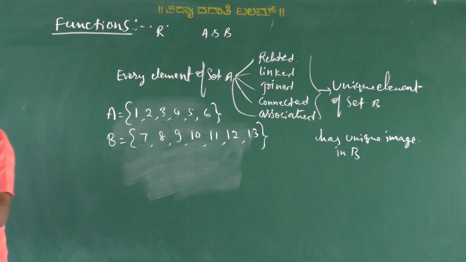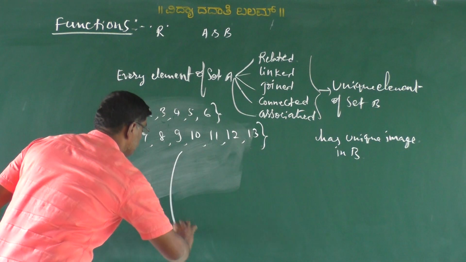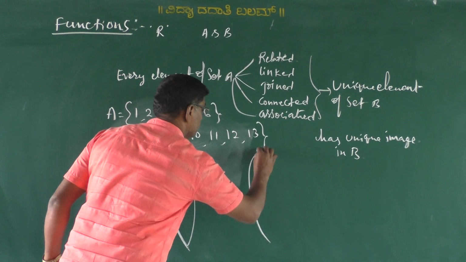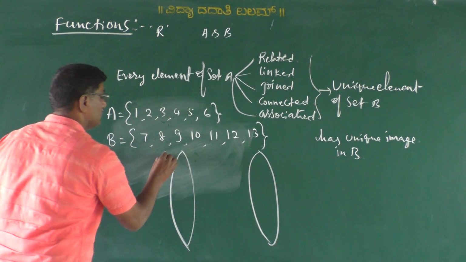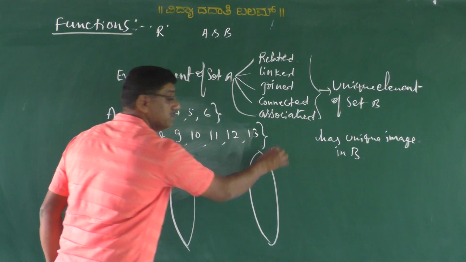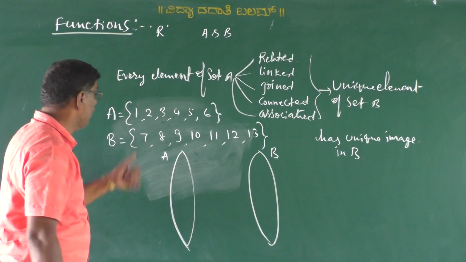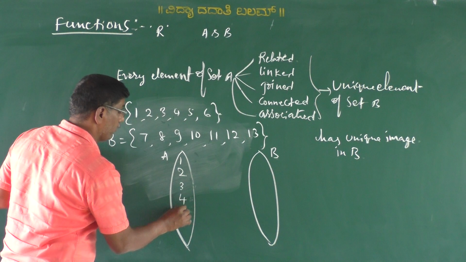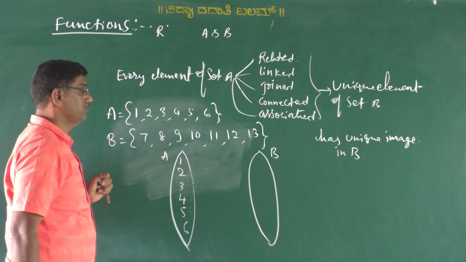How? See here, my dear students. This is the set A, this is the set B. The elements of set A are 1, 2, 3, 4, 5, 6.